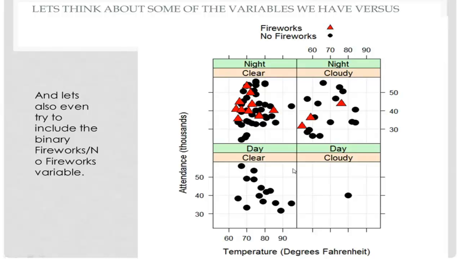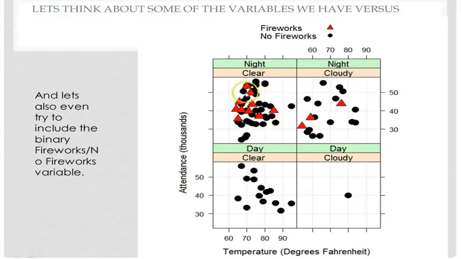Well, it's not very exact, but there is a downward trend here, right? Kind of. It's not very strong, but there's a downward trend. So what does the downward trend mean? Yeah, the hotter it is, the fewer people are coming. But that's specifically for day games, right?